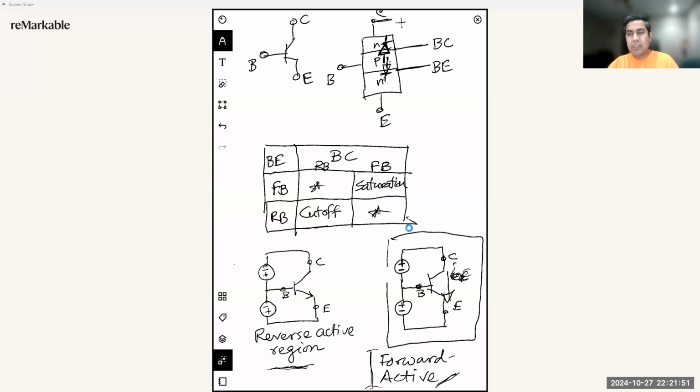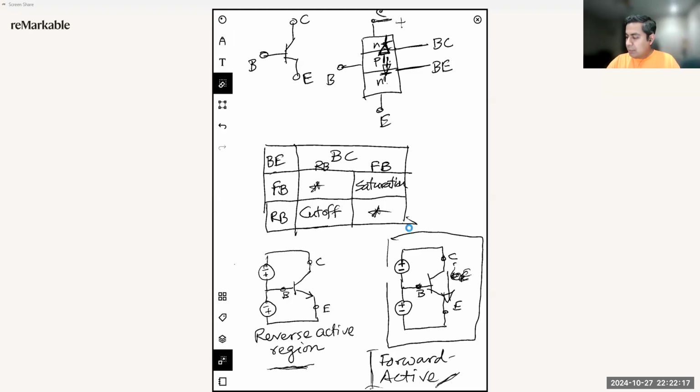That current shows a behavior similar to how MOSFET amplifiers behave. So these devices are going to be acting like an amplifier with a certain gain in the forward active region and the reverse active region. That is one of the operations that we are going to observe.